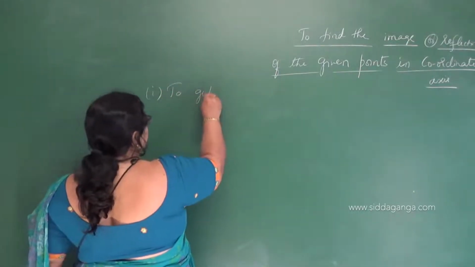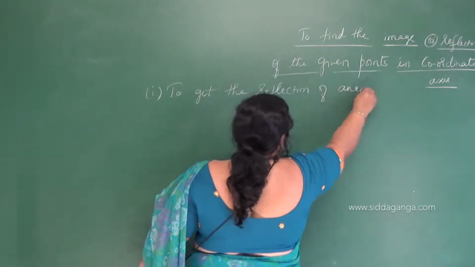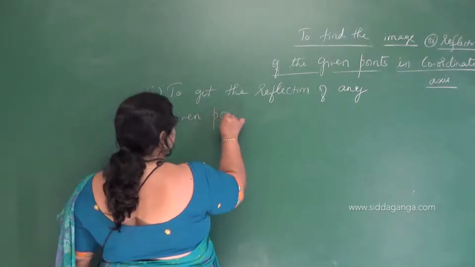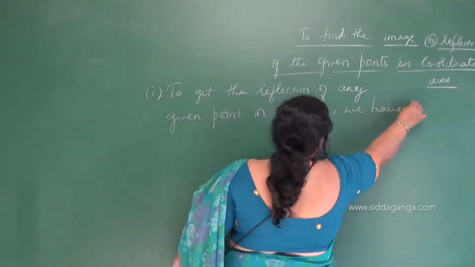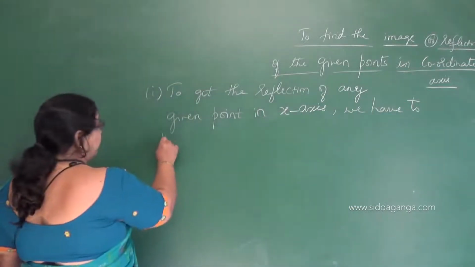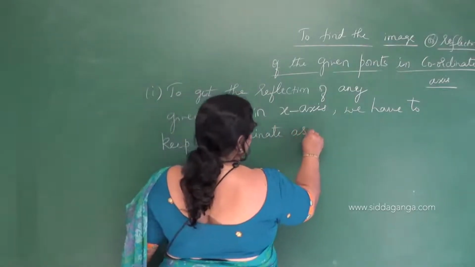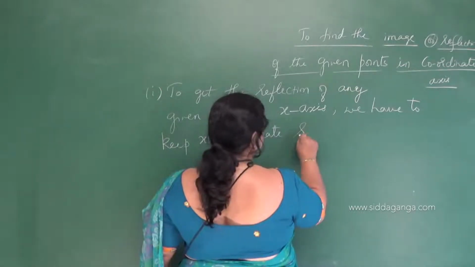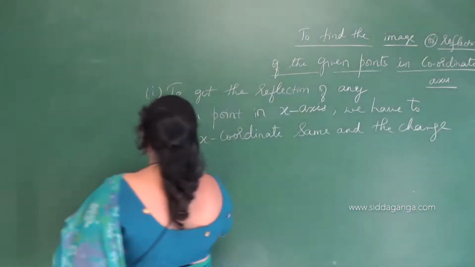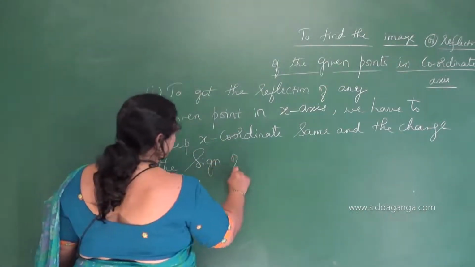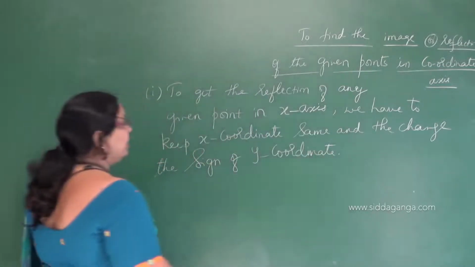That is, to get the image, to get the reflection of any given point in the x-axis, we have to keep the x coordinate as it is, the x coordinate same, and change the sign of the y coordinate.